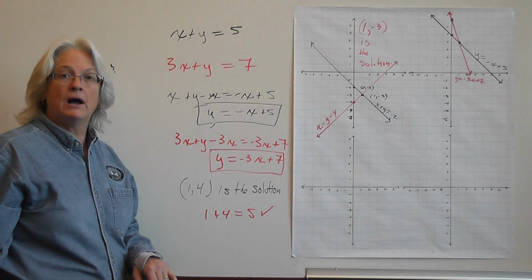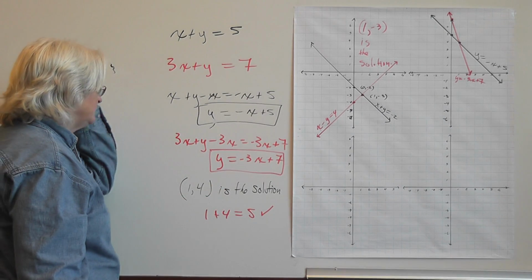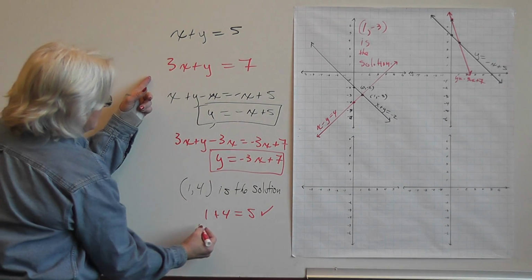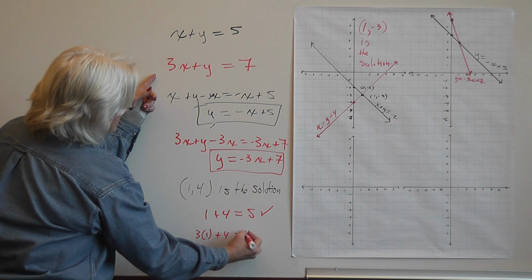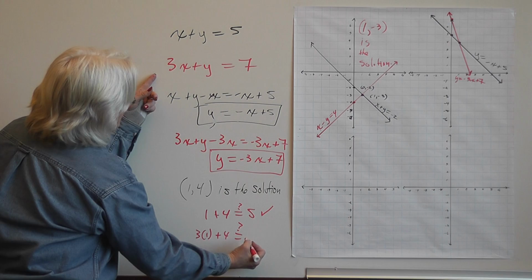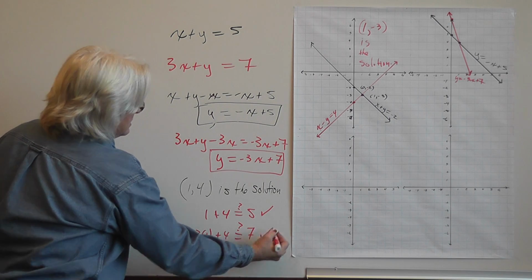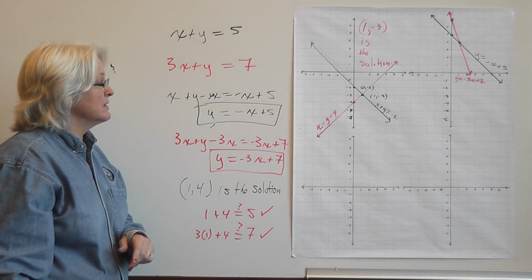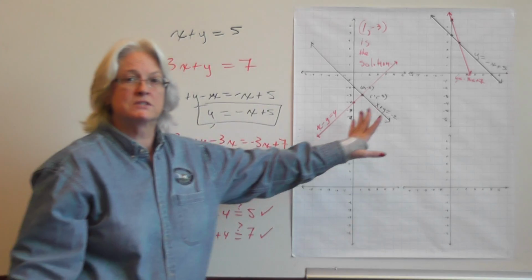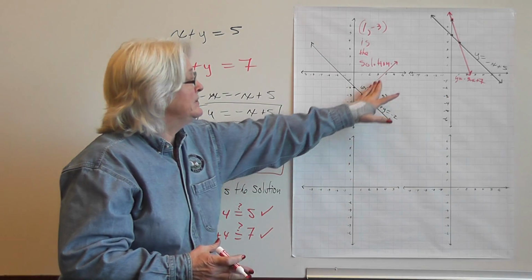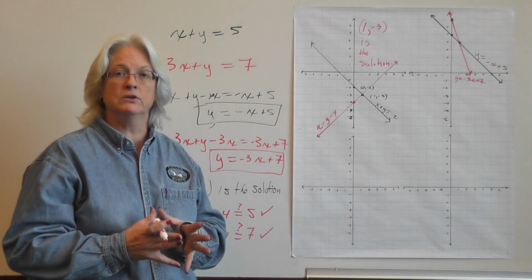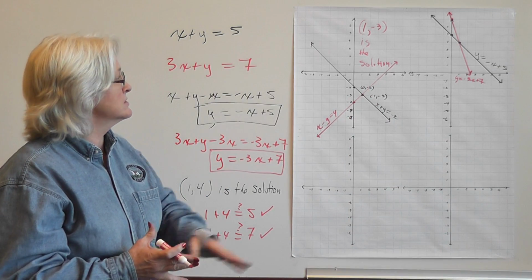Does that equal 5? Absolutely. 3 times 1 plus 4. Is that equal to 7? Yes, 3 plus 4 is 7. So what you've seen here is two examples of obtaining a graphical solution to a system of equations.